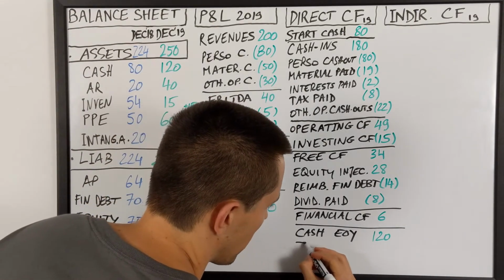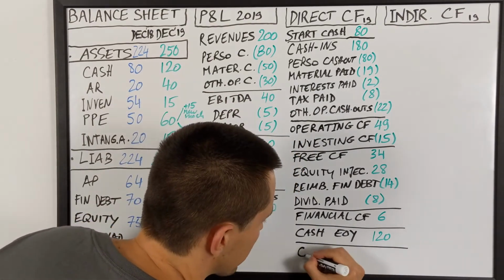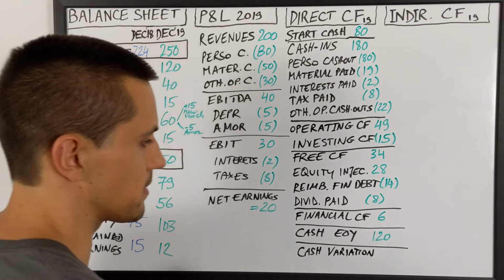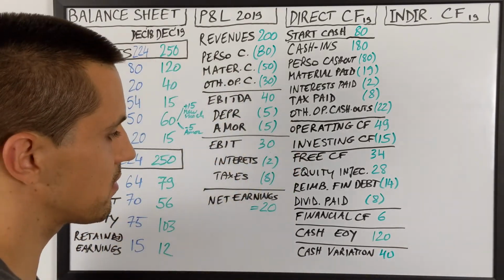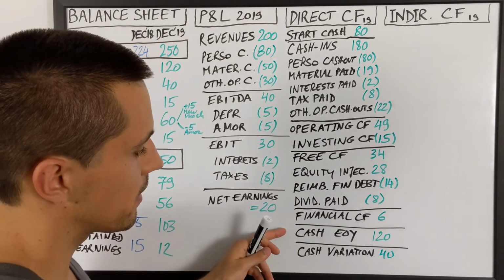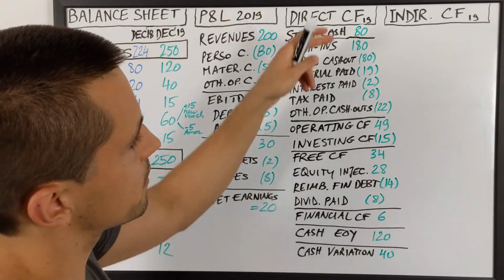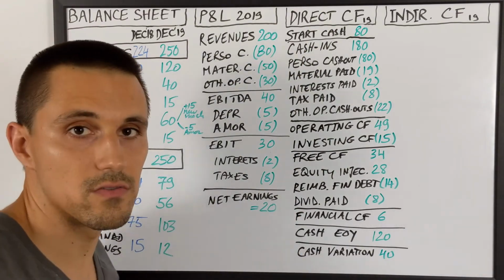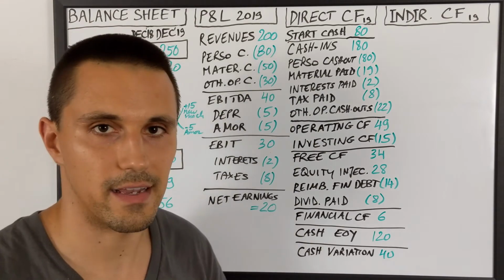And now we can calculate our cash variation, 40. Why plus 40? Because, look, very simple. Cash end of year 120, starting cash 80, 120 minus 80 leads to plus 40. Very simple. And here we go, we have our direct cash flow.